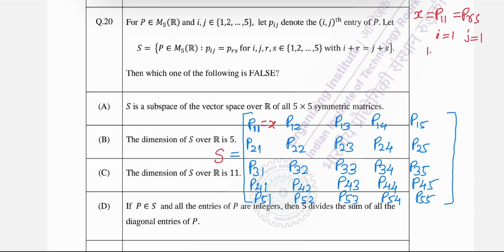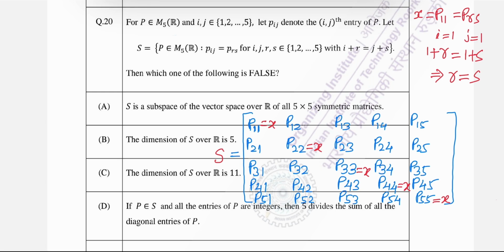So i is 1 and r is not known, so 1 plus r, and j is 1, so 1 plus s. It implies that r should equal s. So for this we have to take the diagonal entries. Here both are equal, both are equal, both are equal. So these all will be X.